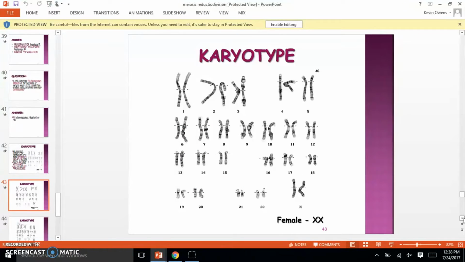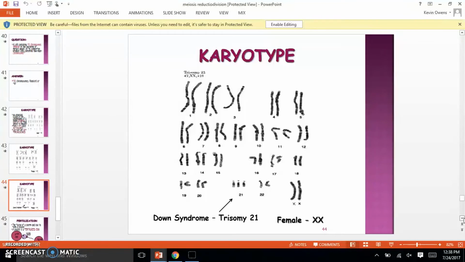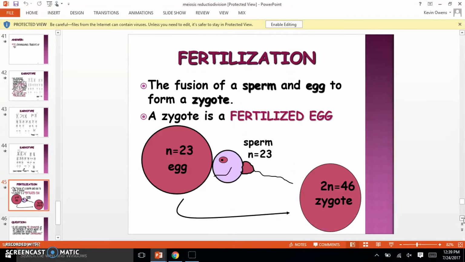And there's just a full picture of it a little closer, and that's of a female. And there's the Down syndrome, trisomy 21, that I was talking about. Instead of having 2, during nondisjunction they didn't separate, and one of the parents gave both of those chromosomes instead of just one.